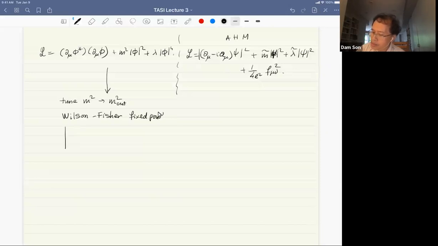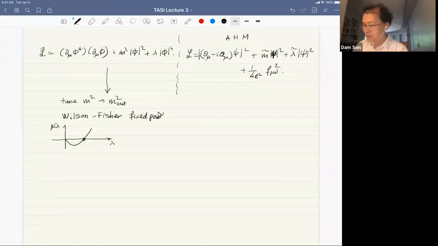In the epsilon expansion, we can see this fixed point arises as a zero of the beta function for lambda. So if we start our theory from some weakly coupled point, some small lambda, it will run to a fixed value of lambda.